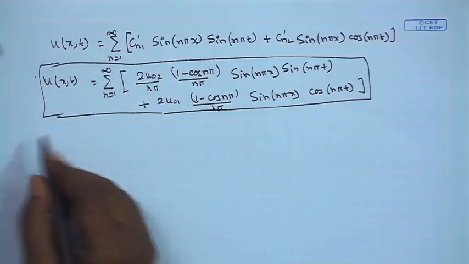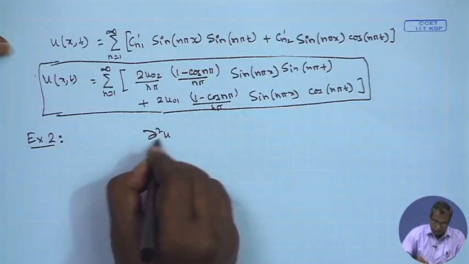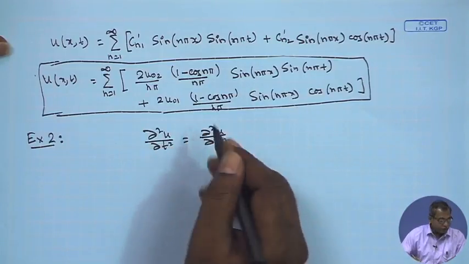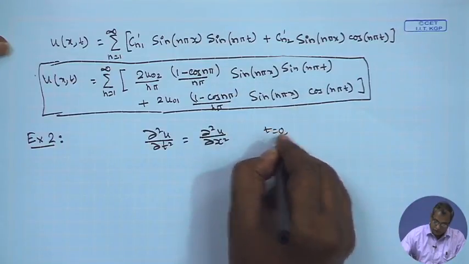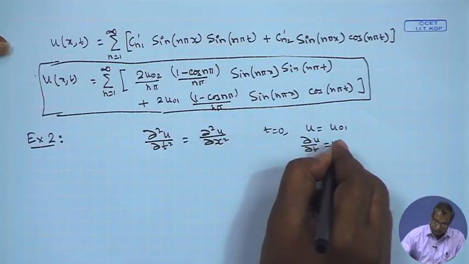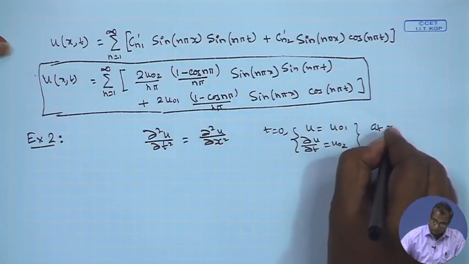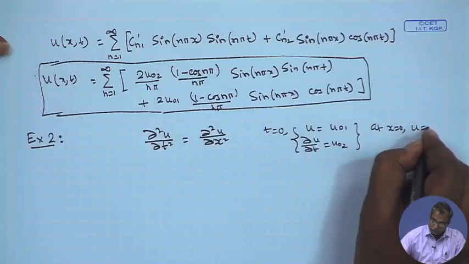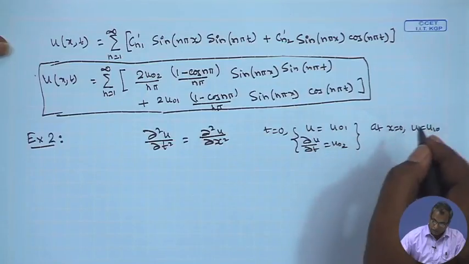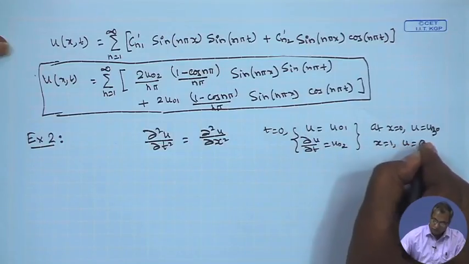So, next example that we will be taking up is del square u del t square is equal to del square u del x square, where at t is equal to 0, I have u is equal to u 0 1 and del u del t is equal to u 0 2, and at x is equal to 0, I have u is equal to u 3 naught, and at x is equal to 1, u is equal to 0.